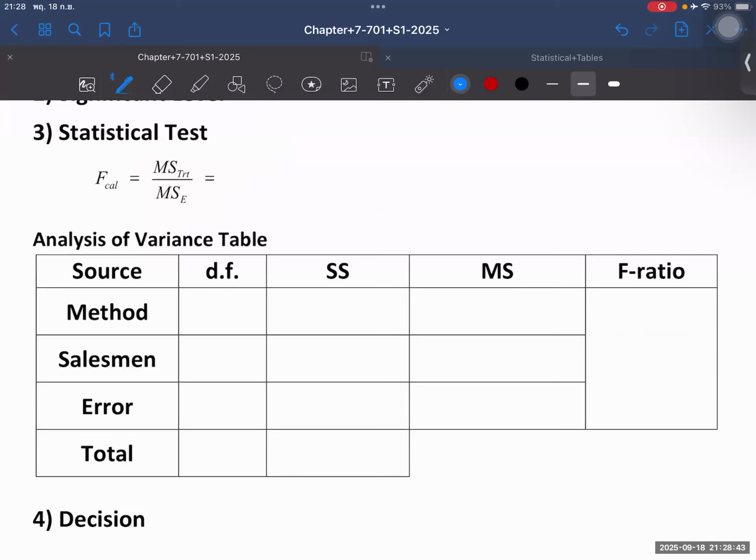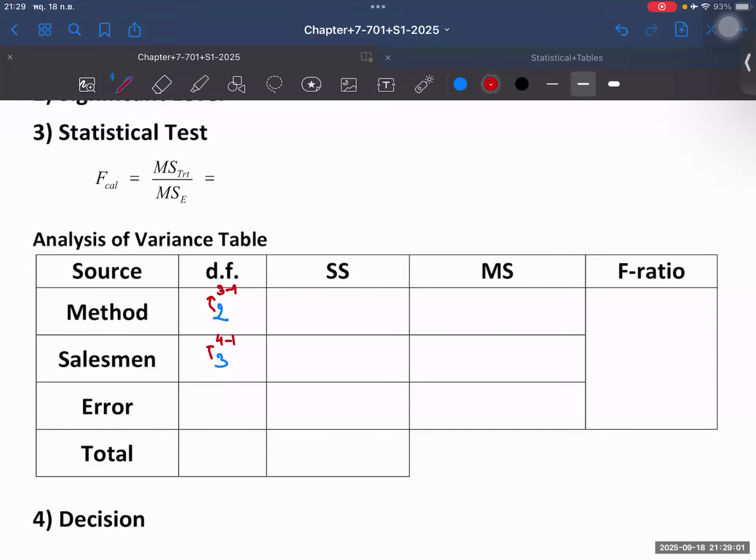So this is a 2, right? The 2 comes from T minus 1. And for the block, it is 3, which comes from 4 minus 1.